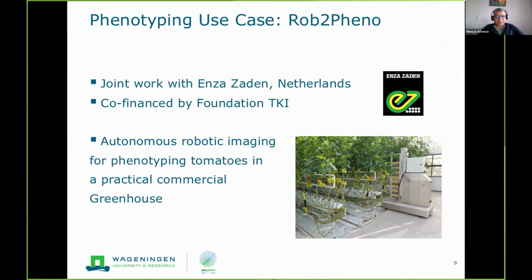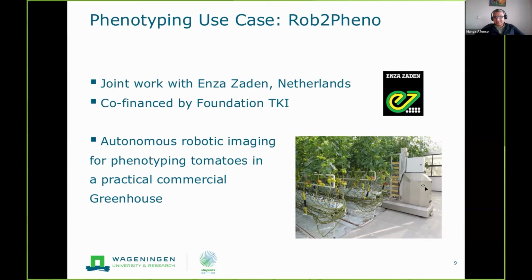This was joint work with Enza Zaden, which is a seed company, and it was co-financed by the foundation TKI, that is the Dutch government's funding agency for top sectors such as agriculture and medicine.